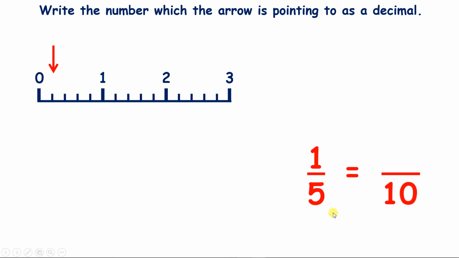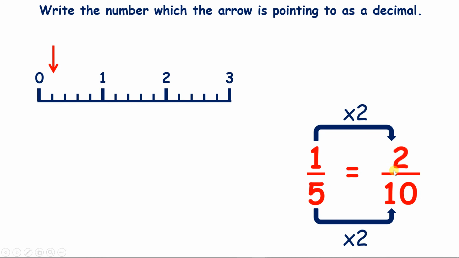So we can change fifths into tenths by multiplying by 2. So 1/5 is the same as 2/10. So if it's 1/5 of the way along the number line, it will be 2/10 of the way along, which as a decimal we can write as 0.2.